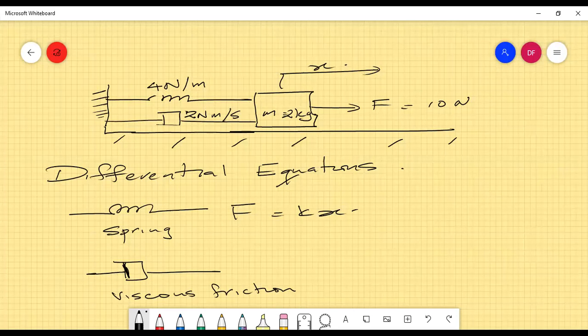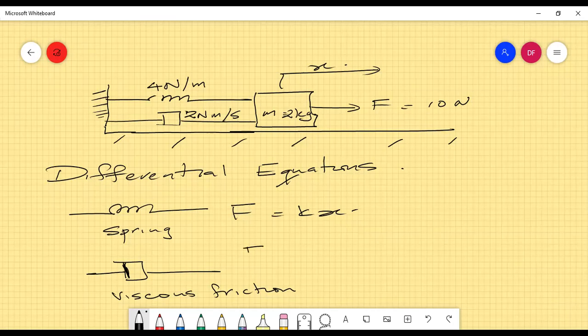So a car moving through air is going to experience some viscous friction. If you have something underwater that is rising, it's going to experience friction. So once you're moving through the Earth's environment, you're going to experience friction.